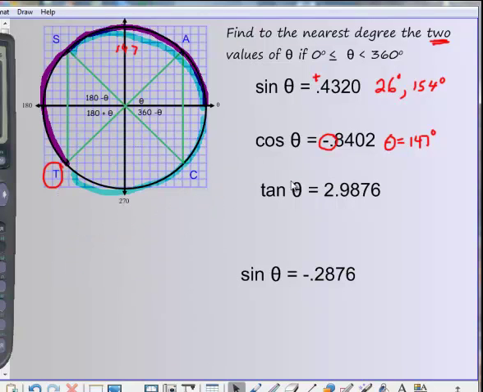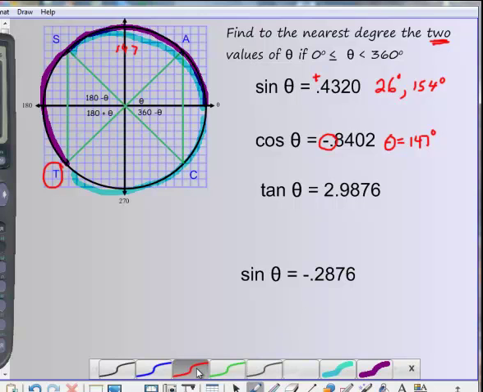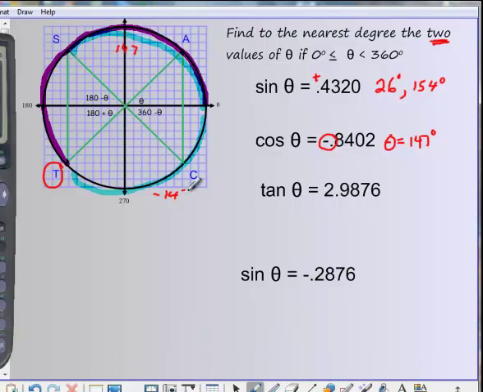That's 147 degrees also. But since it's negative, basically right here, it's 360 minus 147. So 360 minus 147 is 213. So the other angle is 213 degrees. That's a little tricky one, but you'll get used to it.